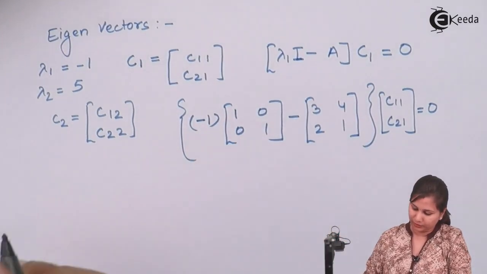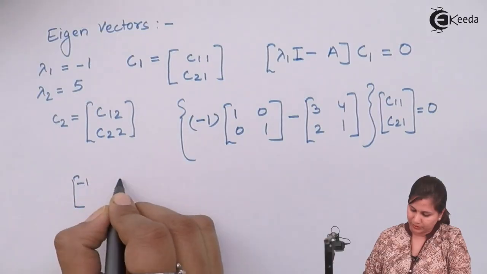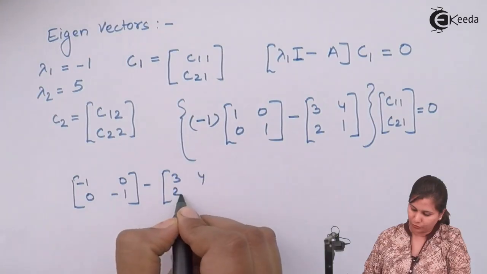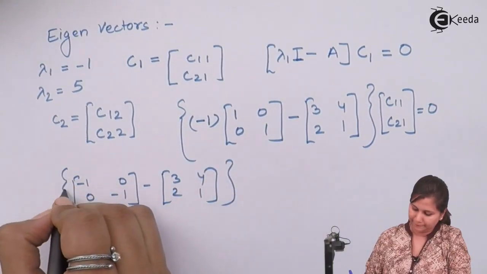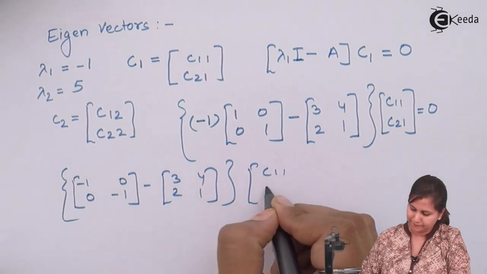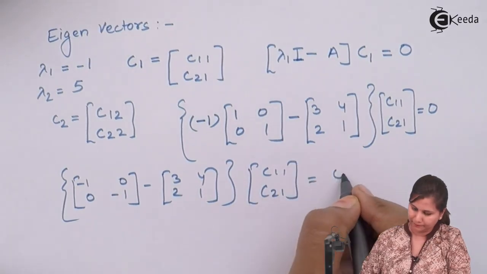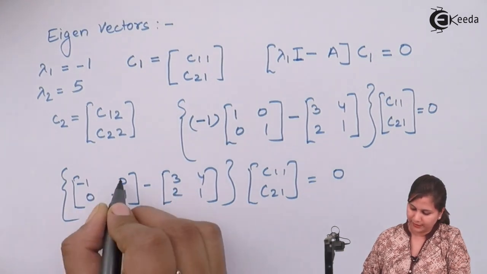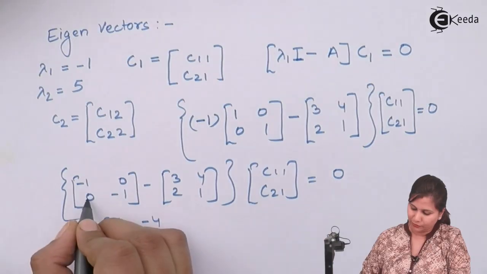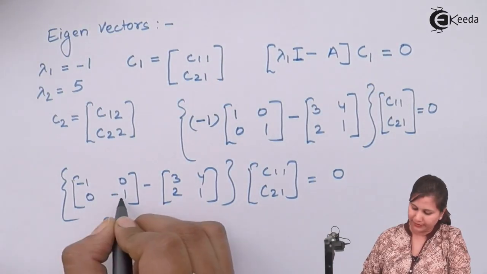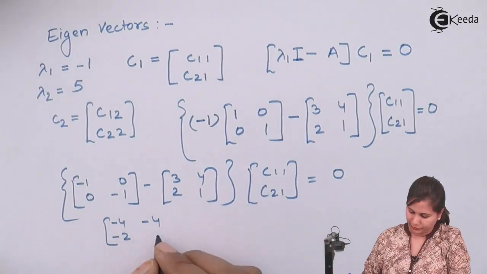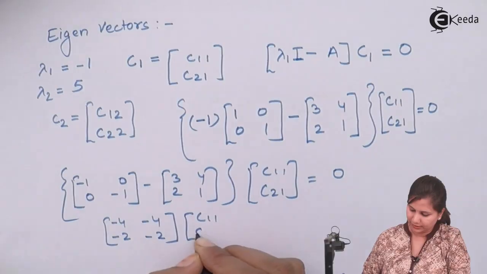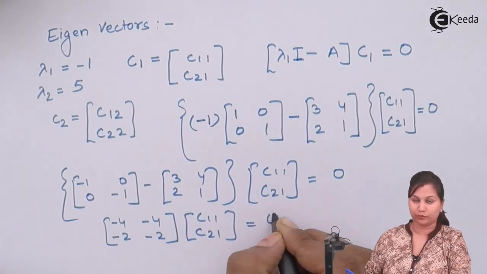We have minus 1, 0, 0, minus 1, minus 3, 4, 2, 1. Minus 1 minus 3 is minus 4, 0 minus 4 is minus 4, 0 minus 2 is minus 2, minus 1 minus 1 is minus 2 again. Then we have this C11, C21 equals to 0.